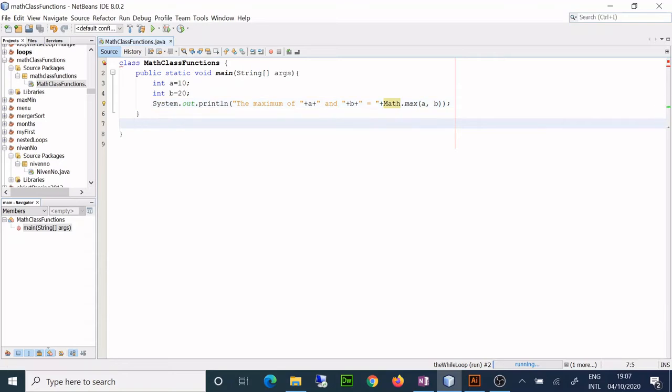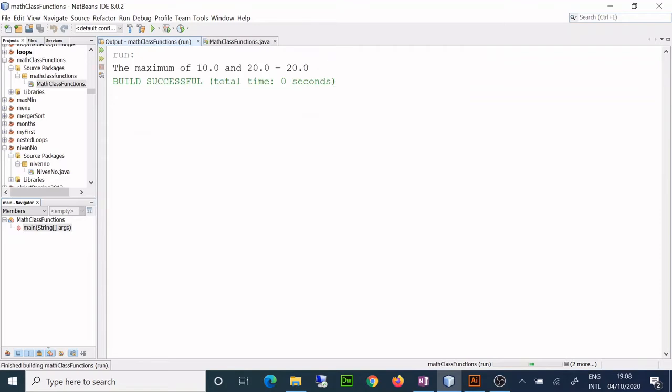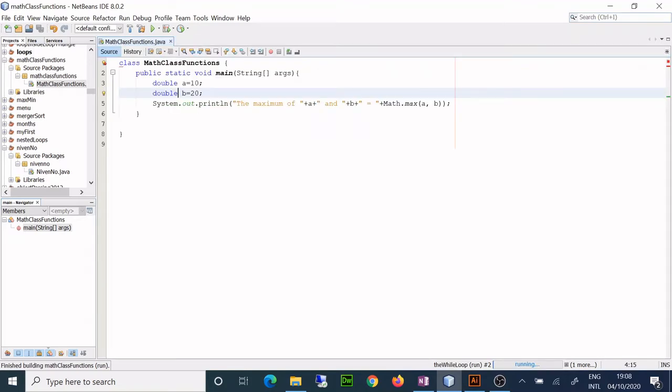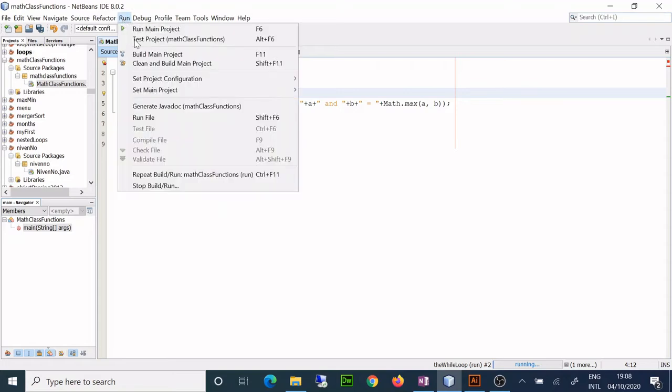So what does Math.max do? It returns the maximum of any two values. If these values are double, it should return a double value. Yeah, it returns a double value. Let's see what happens if one is double and the other one is integer.